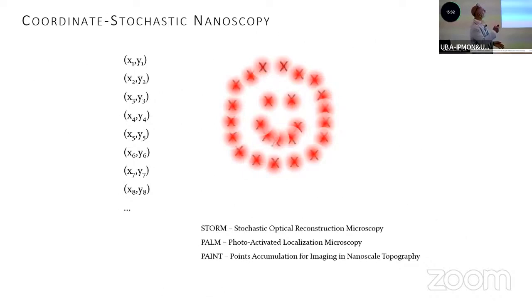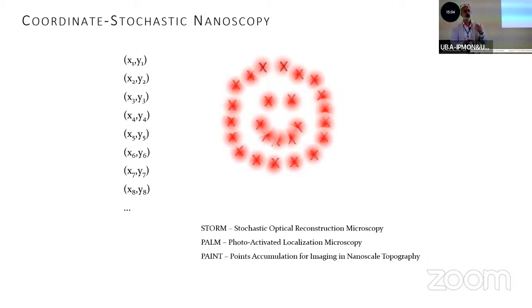So the output of this experiment is a list of positions, all the positions of the labels that I could measure, and each one, of course, with its own localization error. So I can then reconstruct an artificial image by putting a dot at the position where I detected each molecule, and with a size of about the error of the determination, right?